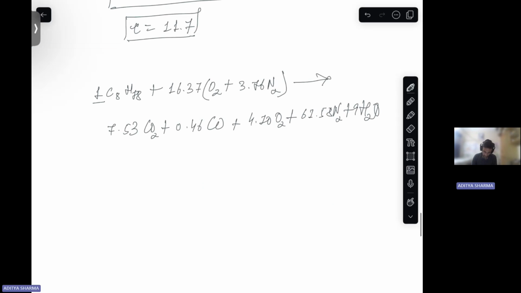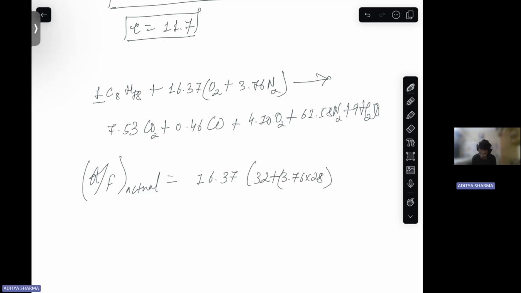Okay. So now if we find out the actual air to fuel ratio, this will be into 32, which is for oxygen, plus 3.76 into 28, which is for nitrogen, divided by 8 plus 18, this is for your octane.